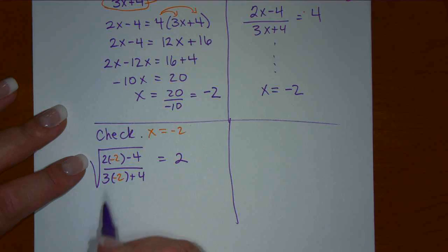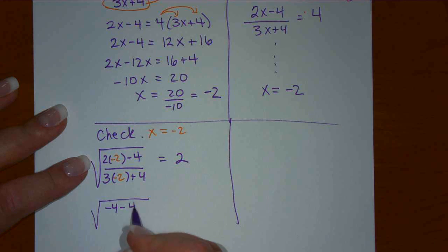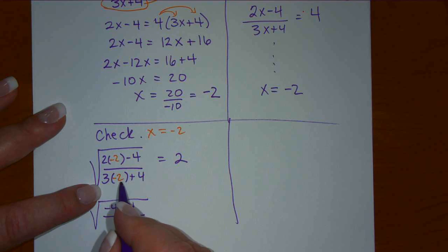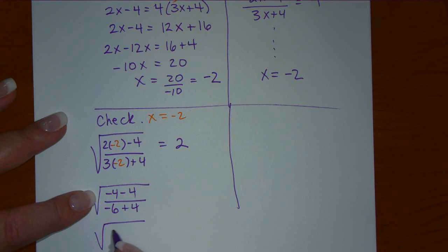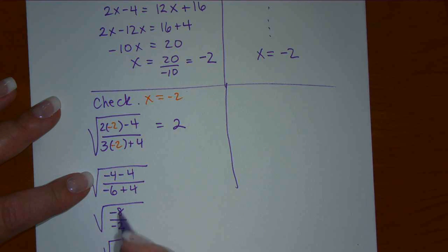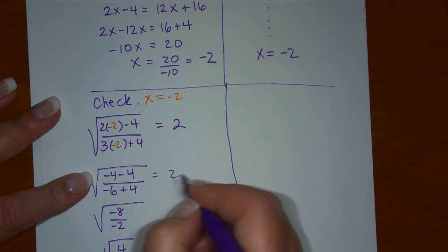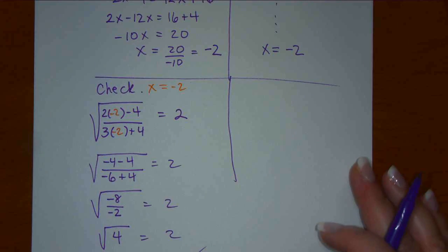So, -2 times 2 is -4. 3 times 2 is 6, -6. -4 minus 4, -8. -6 plus 4 is -2. Minus over minus, plus, and 8 divided by 2 is 4. So that one worked.